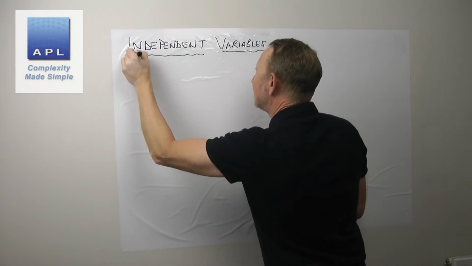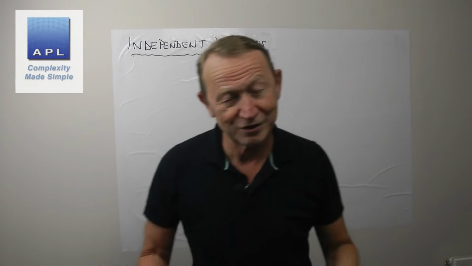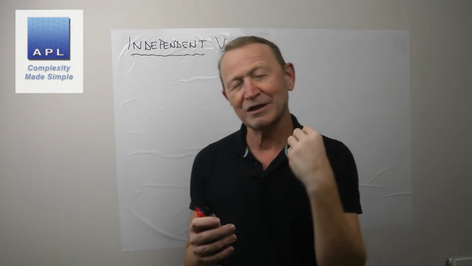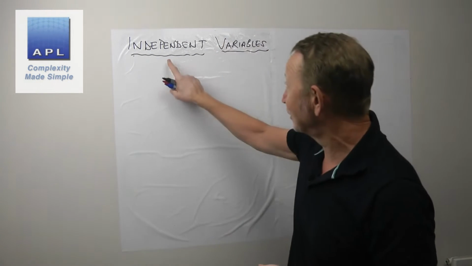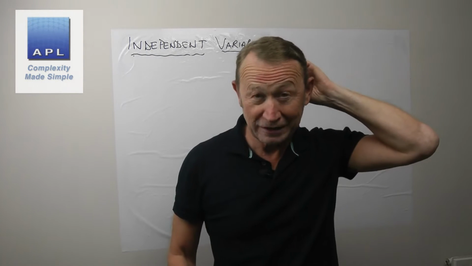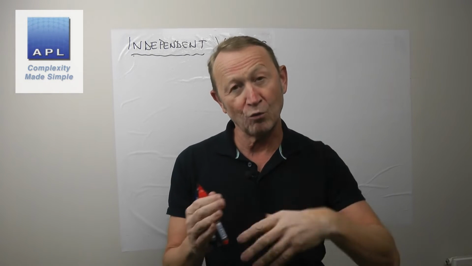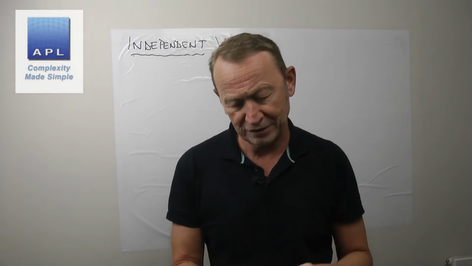So my answer to them was yes, but then what they came back with was something technically different actually to variables not being independent. So we're going to talk about what I mean by independent variables.